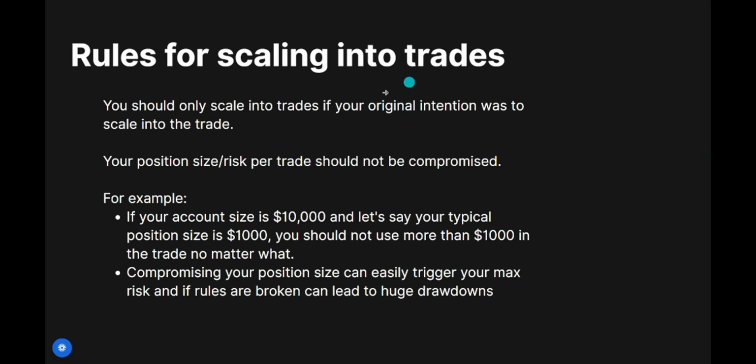So rules for scaling into a trade: whenever you're trading, you should have a set amount that you're going into that trade with. If your trade size is usually $1,000, you want to stay pretty consistent with that until you're ready to scale up. You don't want to go in $5,000 on one trade and then $2,000 on another trade and $1,000.